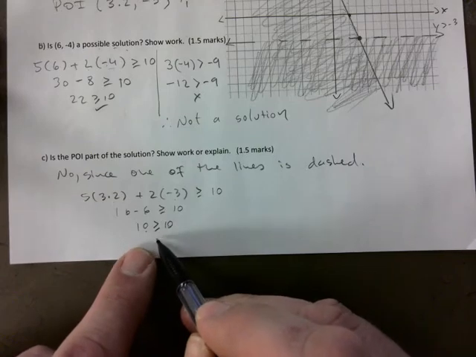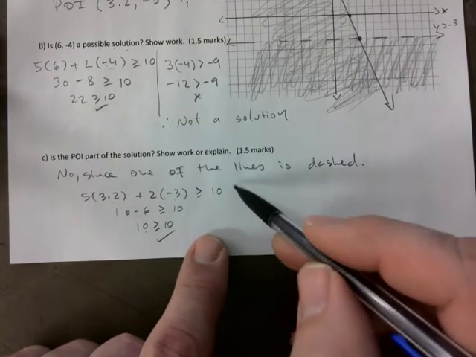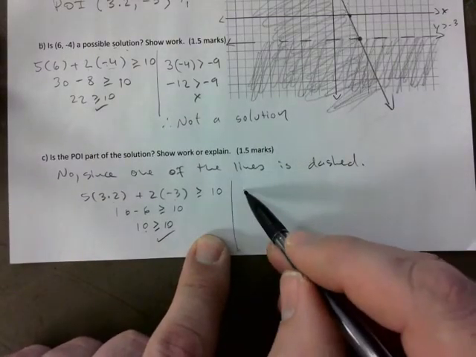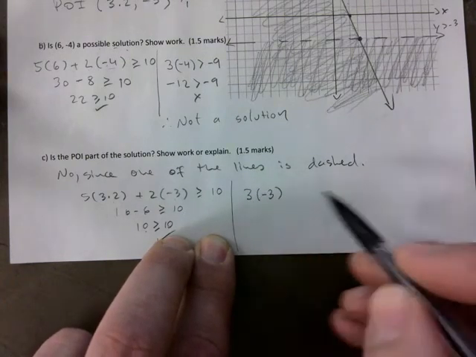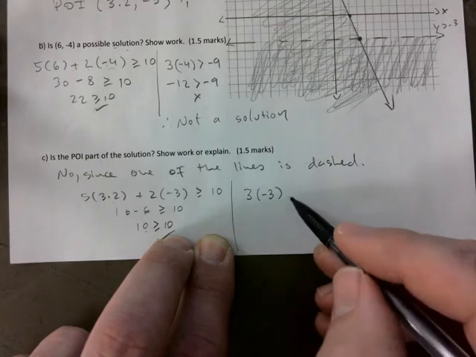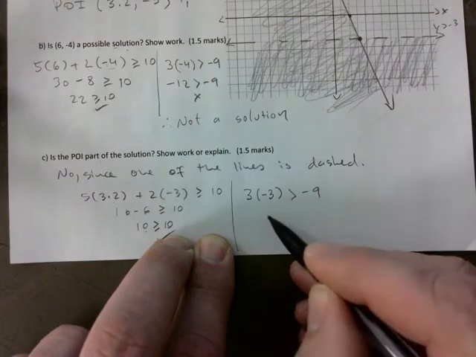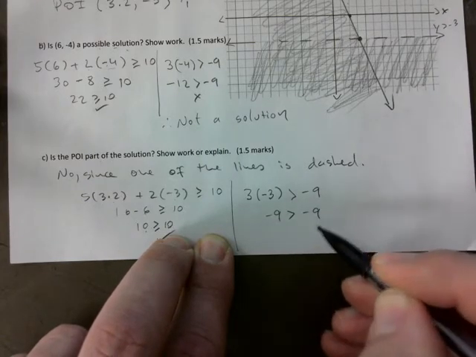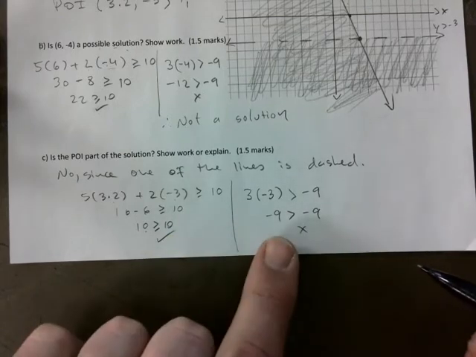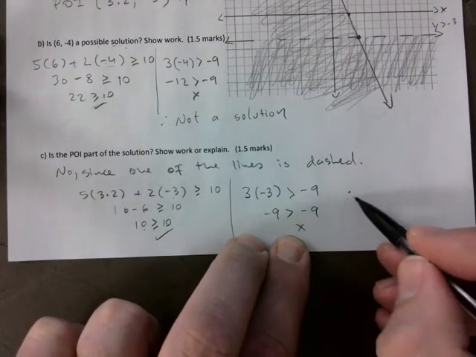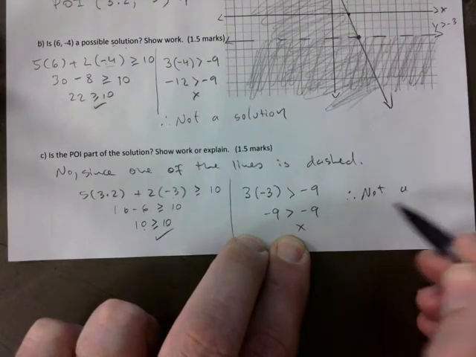So if it works out that way, it's true. And then the other one is 3 times y. Y is -3, there's no x in the second one. And so this is -9 greater than -9. This is a false statement. -9 is equal to, but it's not greater than. Therefore, not a solution.